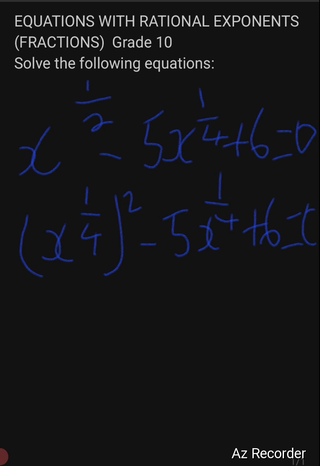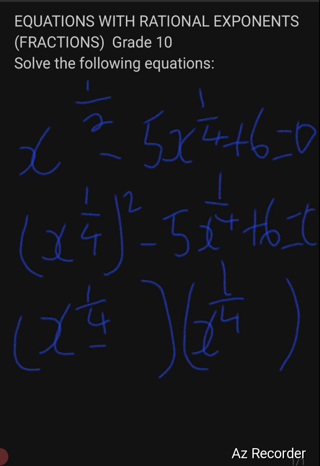So from here, we can see that this is a quadratic, meaning that we are going to have two brackets. What will be the factors here? The factors of x to the power of 1 over 4 squared are x to the power of 1 over 4 and x to the power of 1 over 4. Since the last term, the constant, is positive, both signs will be negative, taking the sign of the middle term.